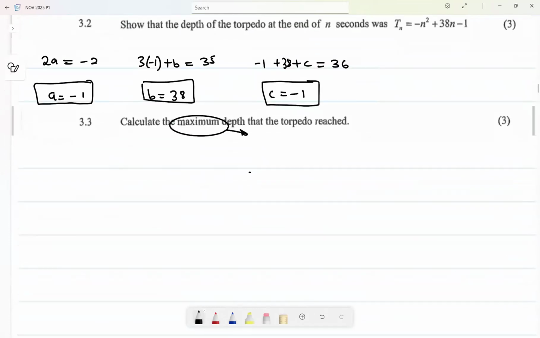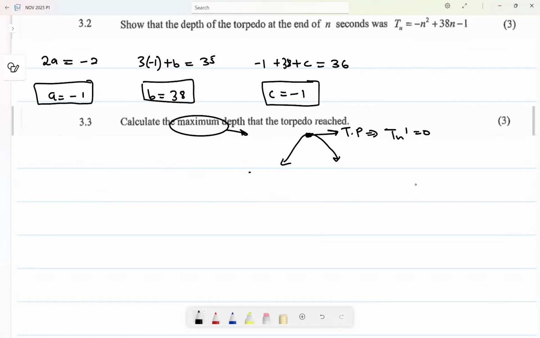So at the maximum, it is basically the turning point. And what do you know at the turning point? You know that the first derivative is equal to 0, the gradient is equal to 0. But in this case, it's going to be Tn equal to 0. So calculate the maximum depth, basically calculate the turning point.